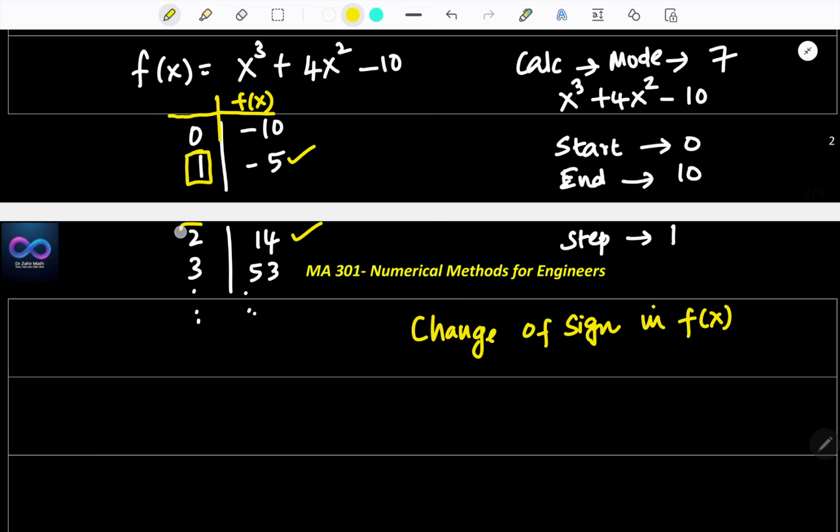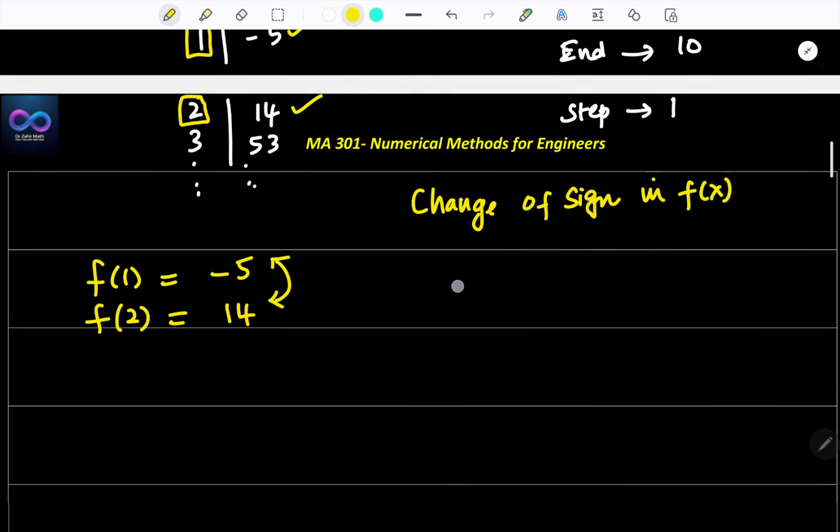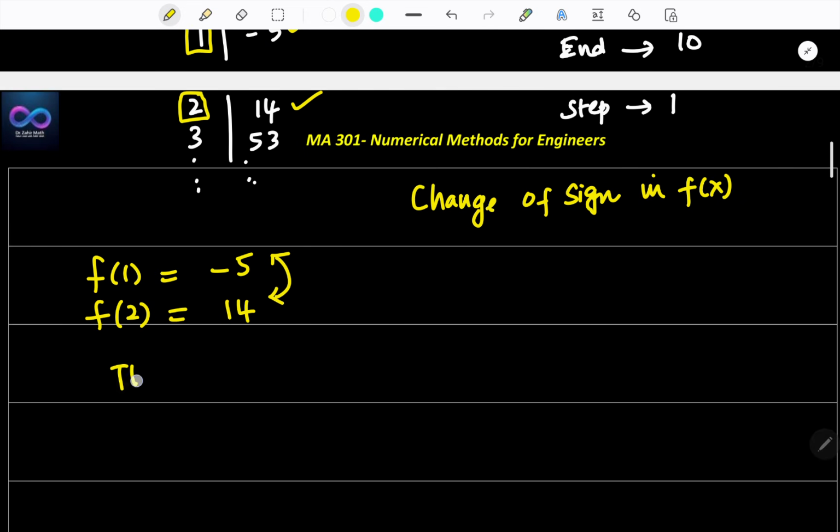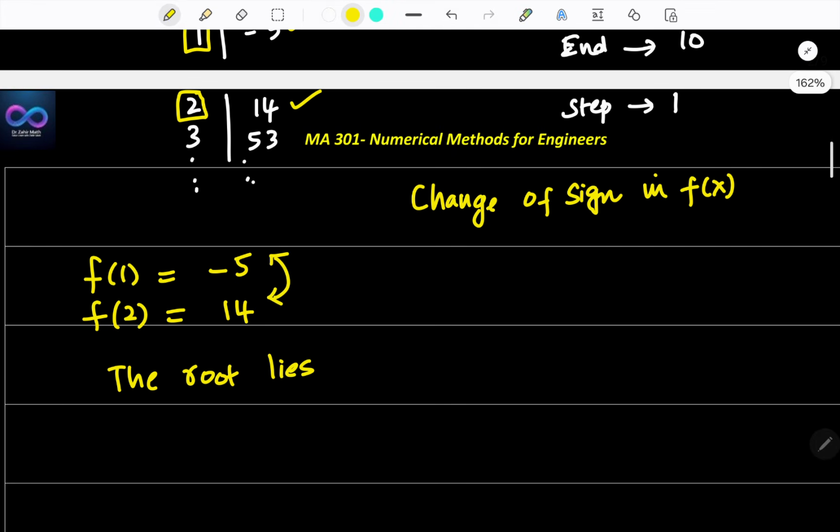This is your first point and this is your second point. So your f of 1 is equal to minus 1 and your f of 2 is equal to 14. So there is a change of sign here. It means the root lies between 1 and 2. The root lies between what? 1 and 2. You should come to that conclusion.